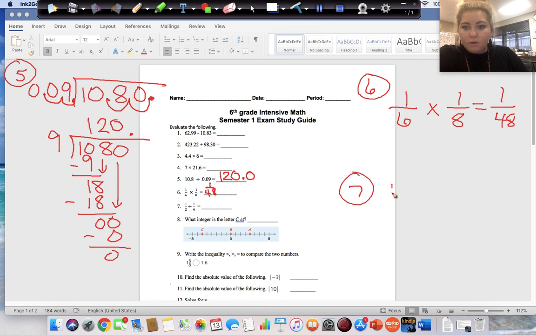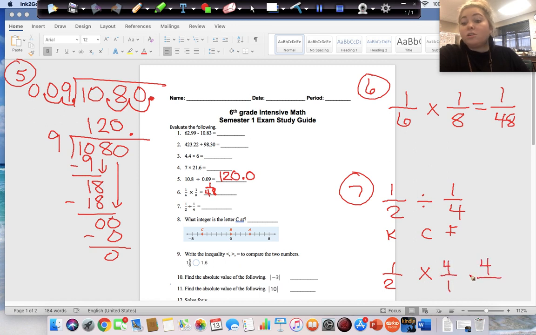1 over 2 divided by 1/4. So when we are dividing fractions, we want to make sure that we multiply by the second number's reciprocal. So to do that, we're going to do KCF: keep the first fraction, change the sign to multiply, and flip the second fraction. Then we're just going to multiply straight across.